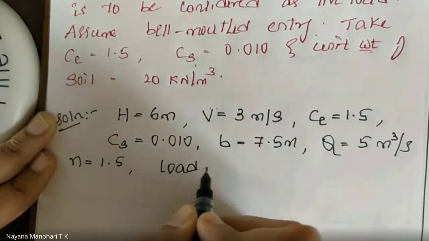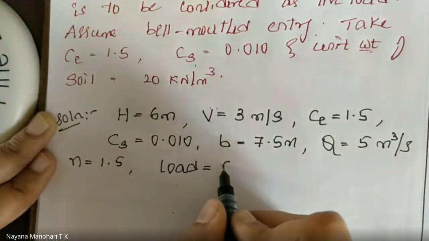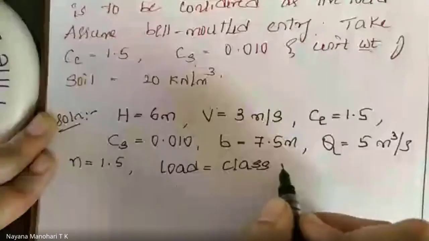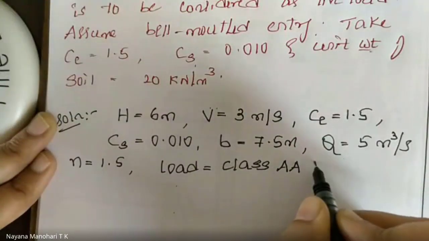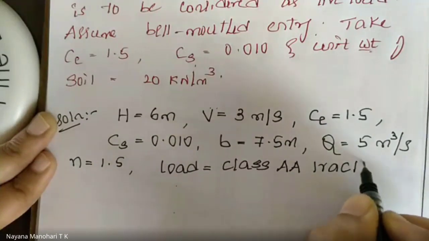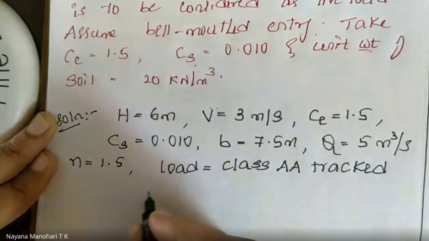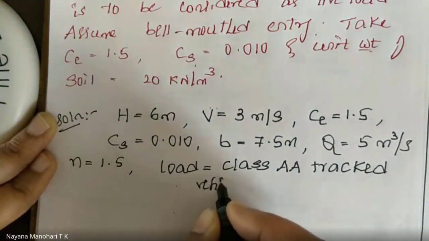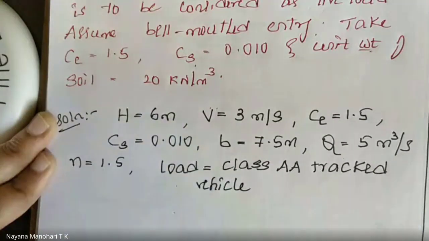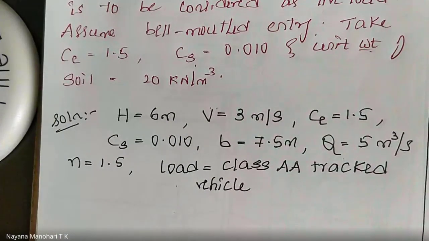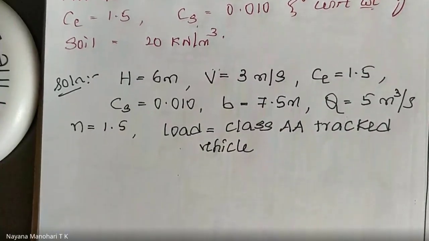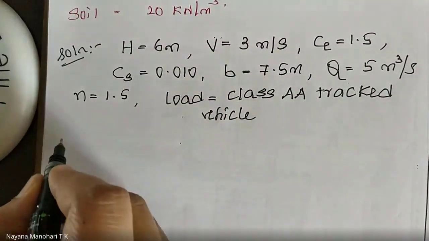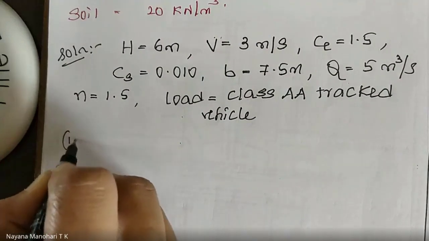Next, the load they have given. That is the standard loading case, class AA tracked vehicle. This is what your data gives. First write down all the data they have given. Next, what is the first step in the design?